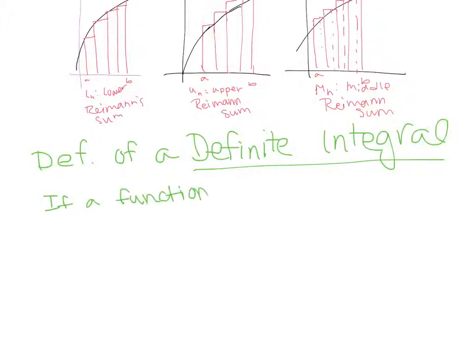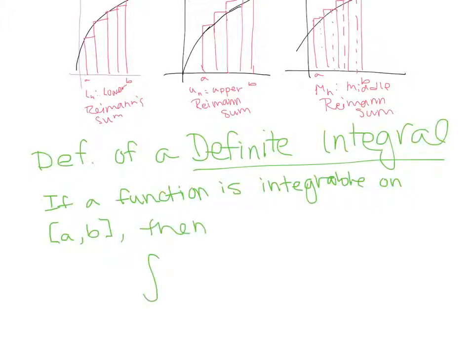If a function is integrable, meaning you can take the integral on some interval a comma b, then since we have these endpoints of our interval now, we add those to our integral symbol. So we're going to put a little a here and a b there.